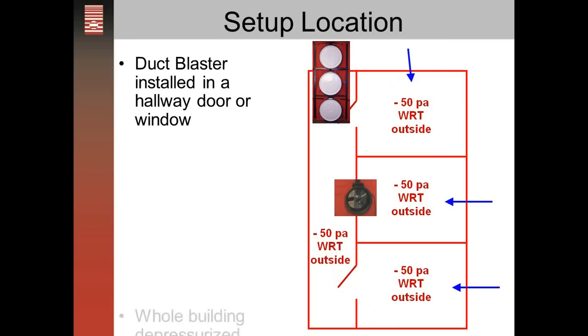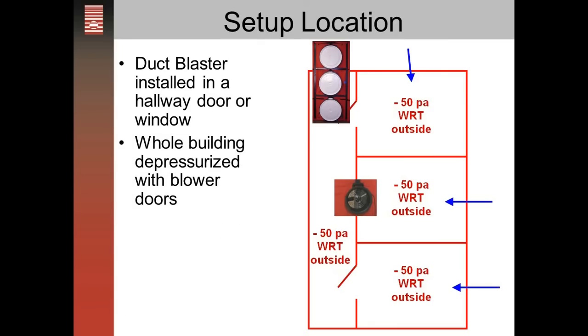You could also, for diagnostic purposes, test individual units. If you set up a blower door or duct blaster in each individual door and have this unit at 50 when the whole building is at 50, that will tell you how much leakage there is from this unit to the outside, because adjoining units will all be at 50, so there won't be leakage between any interior spaces because they're all at the same pressure, and you'll be measuring just the leakage from the outside in that unit.